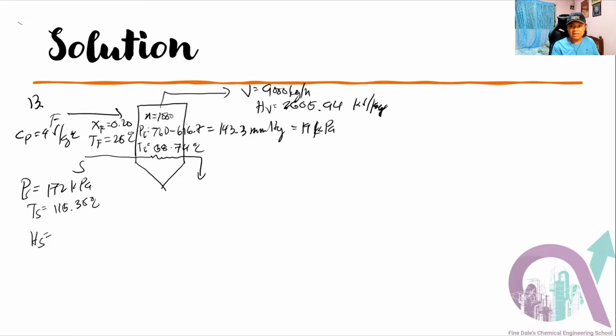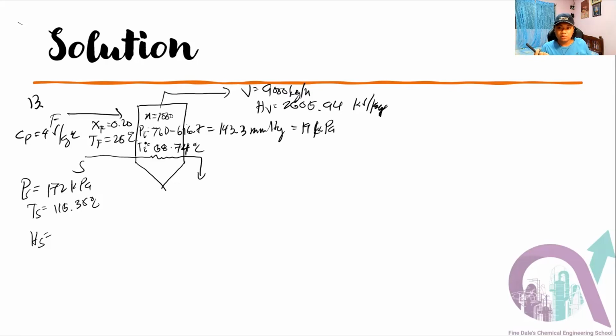HV, which is the enthalpy of the vapor at this temperature, 58.74 degrees Celsius. The pressure is 61.67 centimeters mercury vacuum.